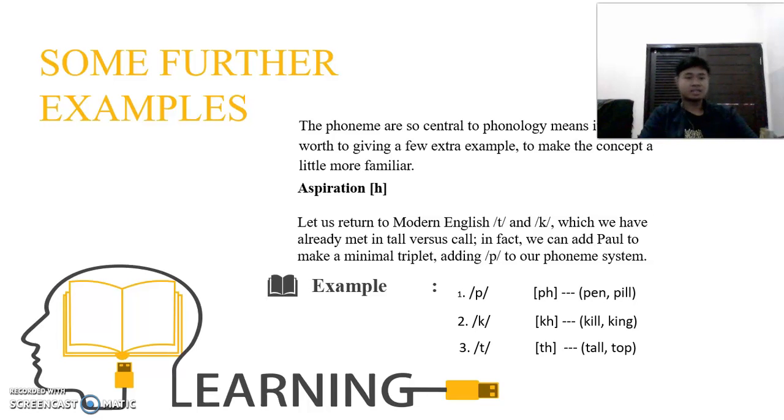As an example, when we pronounce pan, pill, and kill or king, and tall or top, we will find the sound H at the end. It is called aspiration and is signalled in IPA transcription by adding a superscript H after the symbol in question. This means that P, K, and T have aspirated allophones.